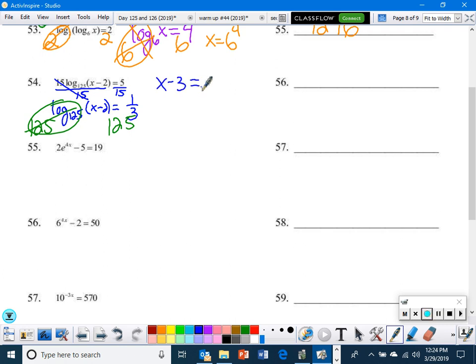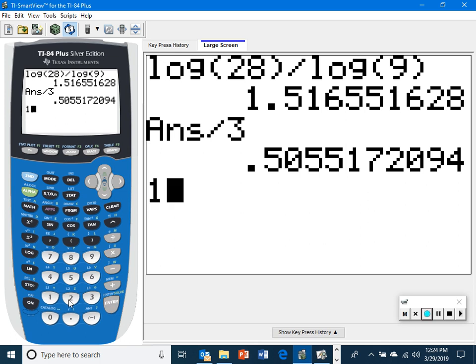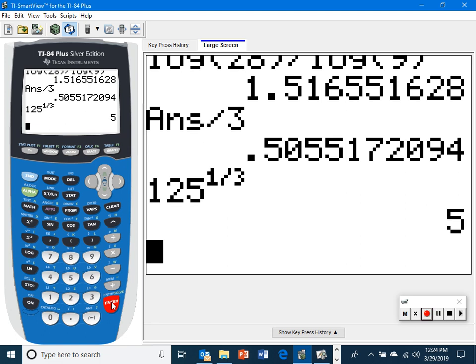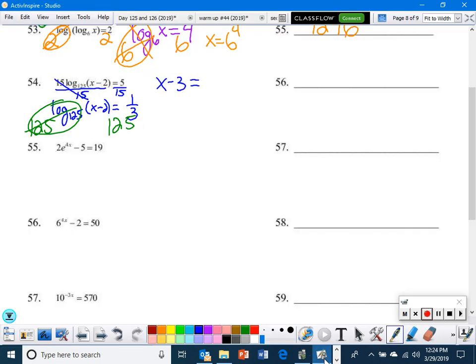Now, 125 to the 1/3 power is 5. That's x minus 2. Okay, x minus 2 equals 5. So add 2. All right, moving on.